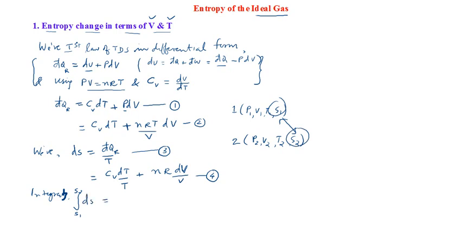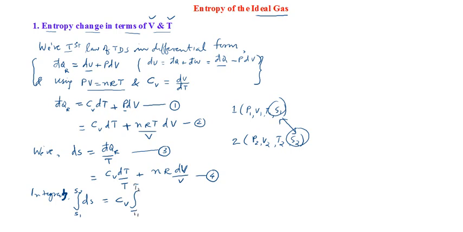That is equal to Cv times the integral with proper limits. Remember one thing: we have seen that Cv for ordinary temperatures is considered to be constant. Actually Cv has a weak dependence on temperature. We neglect that dependence here for ordinary temperatures. Cv times the integral from where to where? The temperature, let's say from T1 to T2.